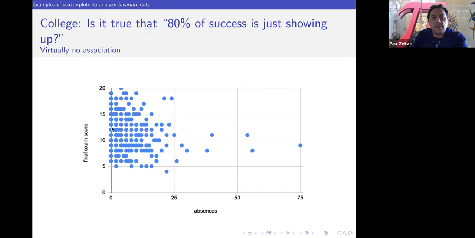And then you see all of these students here, they had perfect attendance, yet their final exam scores ranged from quite bad to nearly perfect. And then you can see there's some students here who got perfect scores, but they also were absent a little bit. And it's really hard to say the more you're absent, the better you do, or the more you're absent, the worse you do. It looks almost as though there's no association at all. Although when we do a computation, we will discover that there is a certain association.